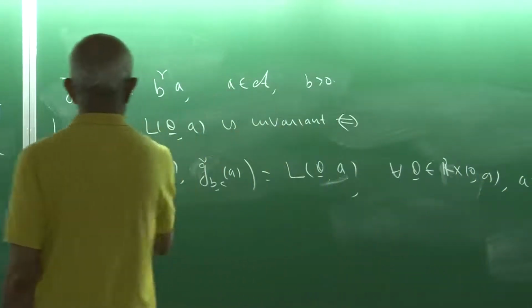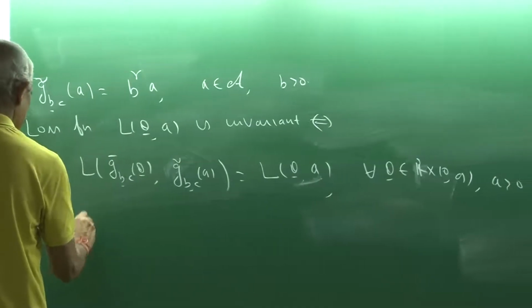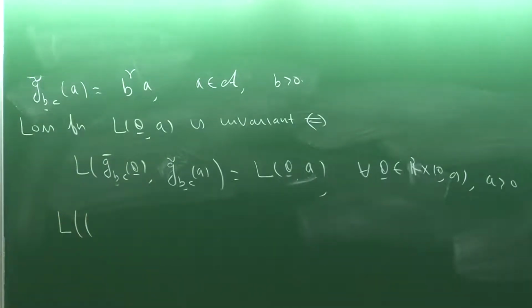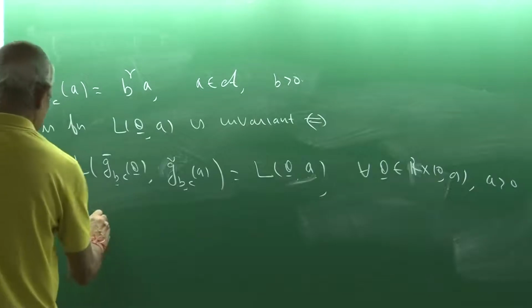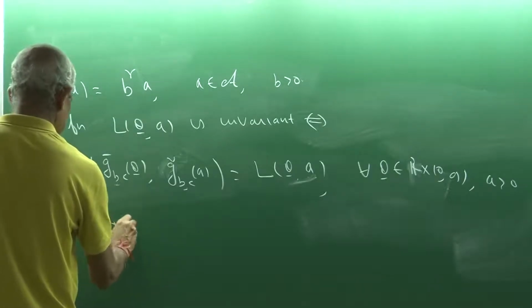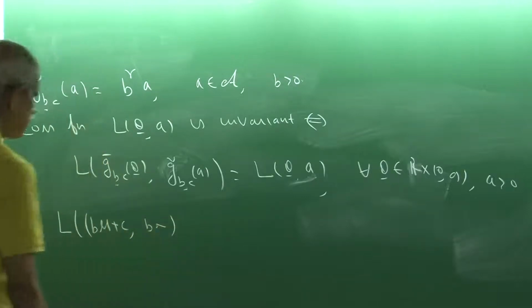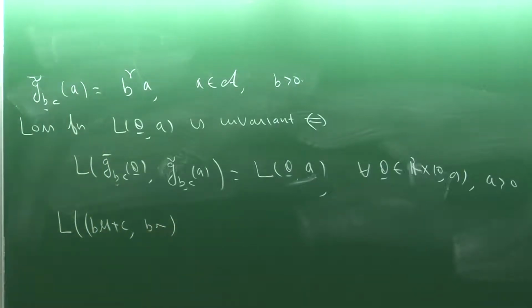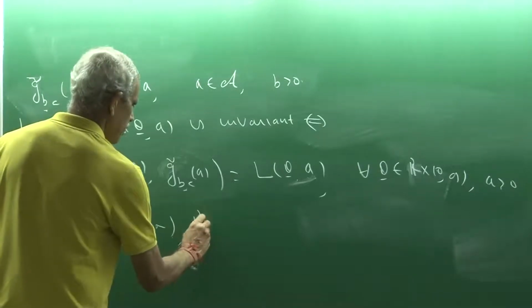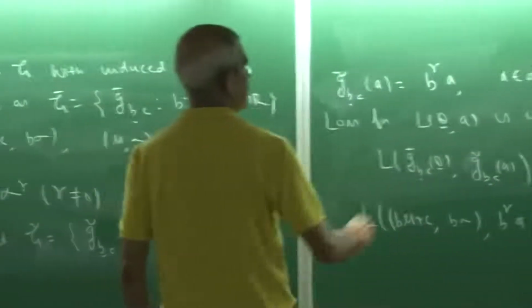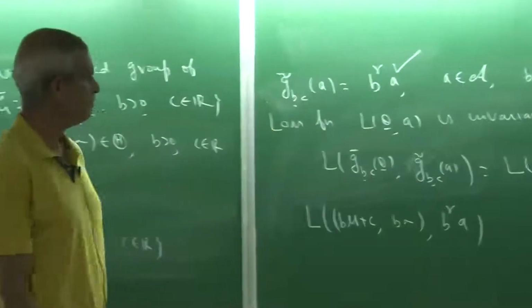So what does that mean? L of g bar bc theta is nothing but mu gets transformed to b mu plus c, sigma gets transformed to b sigma. What is g tilde bc a? This is b to power r a. This is what I saw just now.